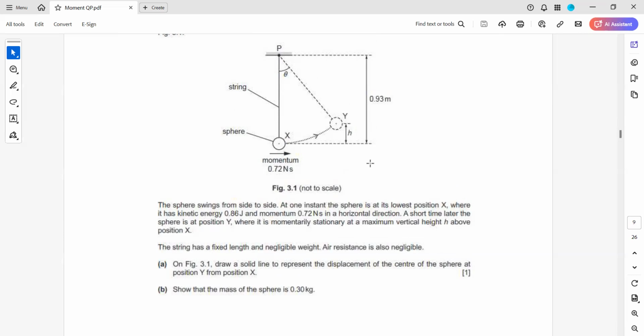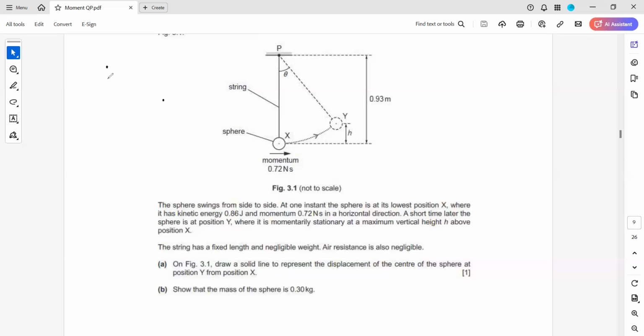A short time later, the sphere is at position y, momentarily stationary. The string has a fixed length and negligible weight. The air resistance is also negligible. Show that the mass is about 0.3 kg.